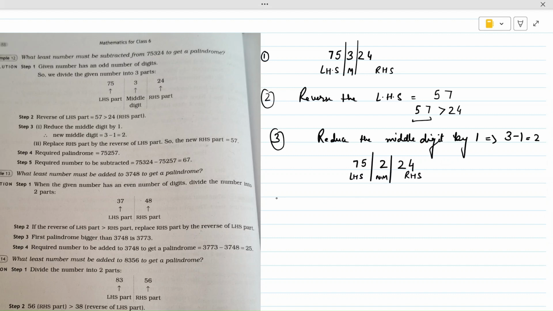So again, we are going to repeat the same step. We are going to take the reverse of LHS. So kids, what is the reverse of 75? The reverse is 57. Now, in this case, we can use this 57. Why? Because now the middle digit has been reduced. Earlier, it was in the 300 series.